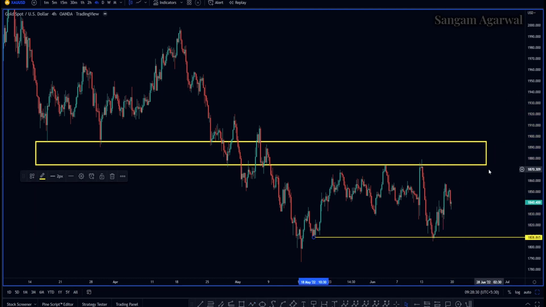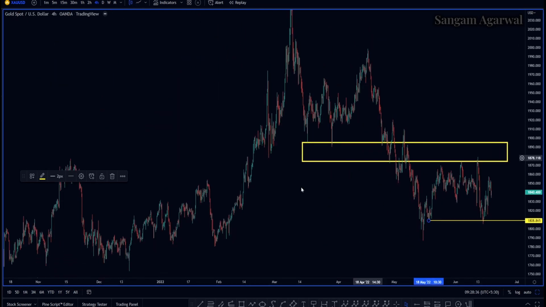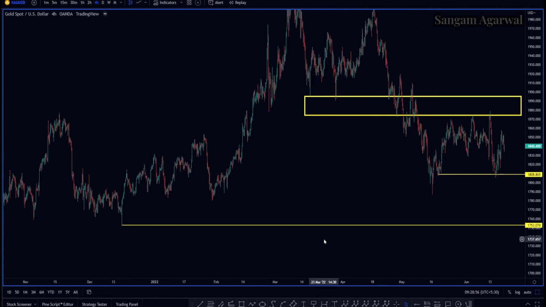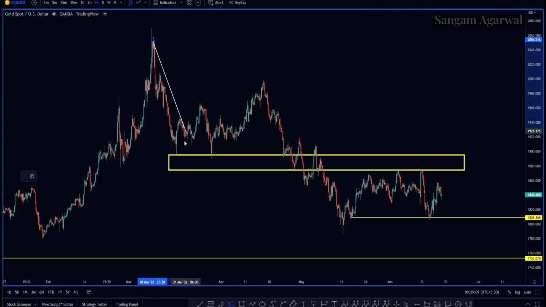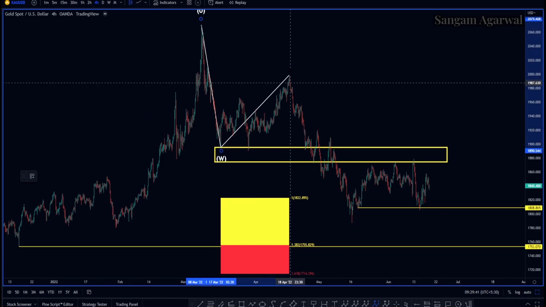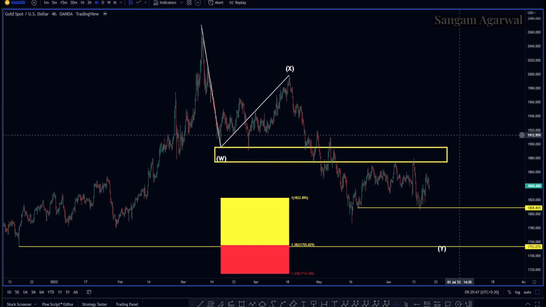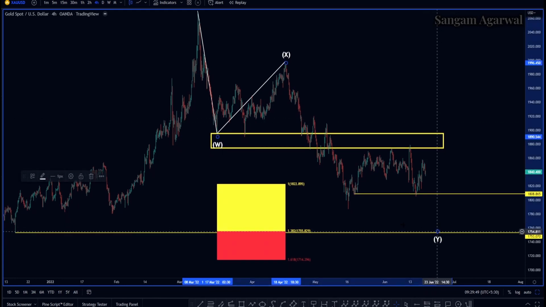because 1808 is a strong support, and if this level breaks, then you can see the next target will be 1753. When you draw a fixed extension level, 100% projection for this WXY wave pattern, wave Y has its 100% at 1822, and next is the 38% projection which is near 1755.